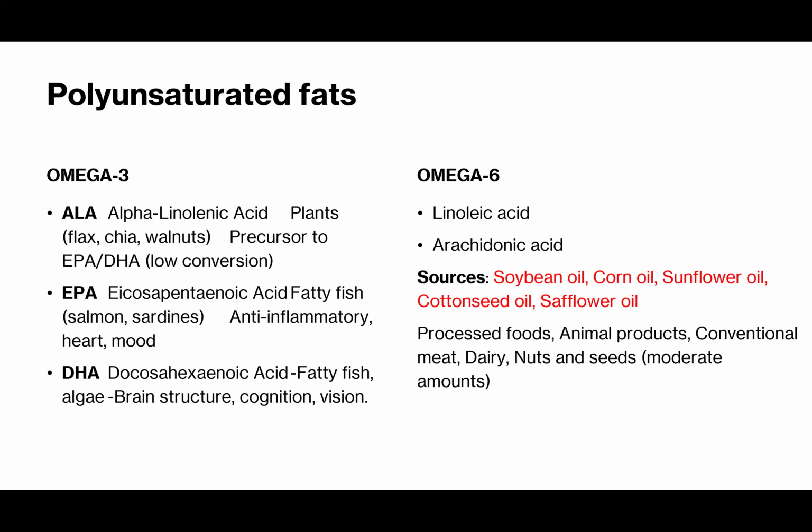And omega-6 is linoleic acid, mainly, and arachidonic acid. They're mainly found in different soybean oils, corn oil, sunflower, refined oils, and they're full of processed food, animal products, and nuts and seeds. But what is very important, if you take raw nuts, they all contain a mixture of omega-3 and omega-6.